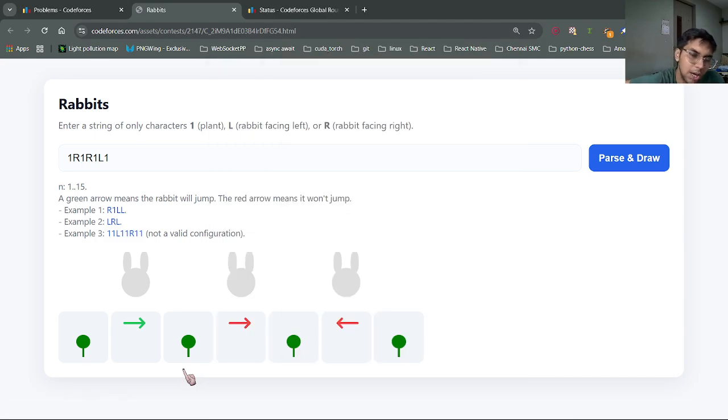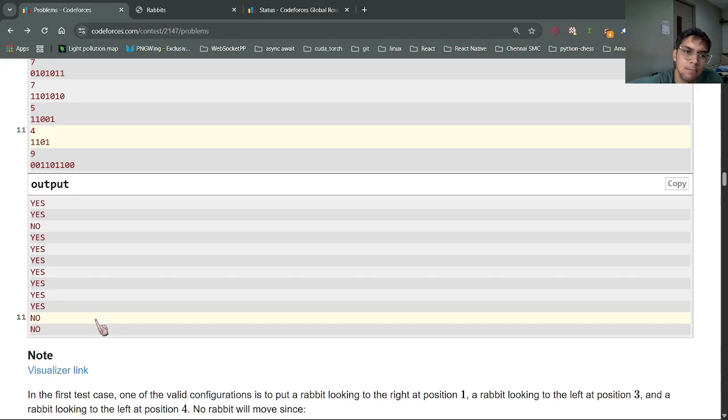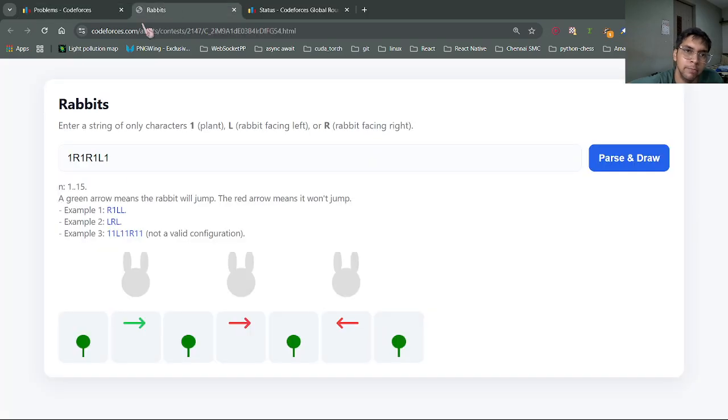So what I would want to do here is something like, I'm traversing it.